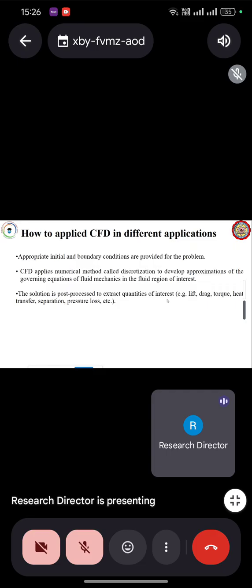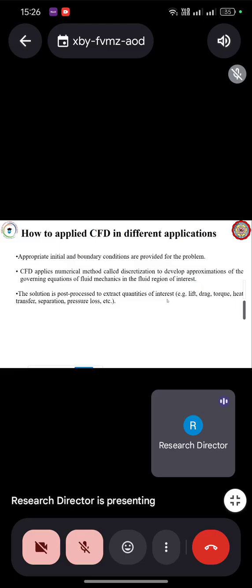Basically, there are 3 steps. One is the pre-process, the second is the solver, and the third is the post-process. In the pre-process, we are just providing the modeling, the geometry, the boundary conditions, all that. In the solving process, we provide a solver, which kind of solver we want, either pressure based or maybe density based.